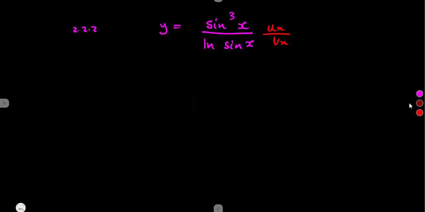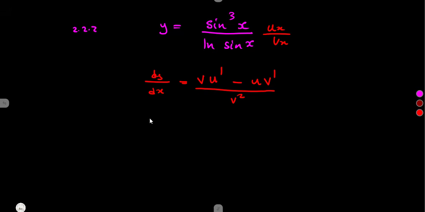Remember, from your quotient rule, the derivative of y with respect to x is supposed to be given as v, you start with the denominator, times the derivative of u, minus u times the derivative of v, all over v squared. This was exactly the formula that we're going to use.